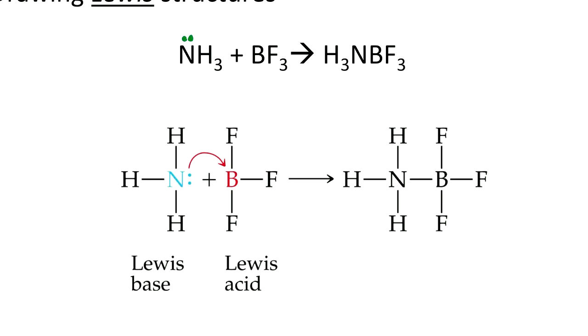But Lewis acid-base theory is so generic, we can extend it past just our typical acids like HCl, HF and stuff. So if we think about what's happening in this reaction, the lone pair on nitrogen is donating its electrons to the boron in BF3, creating this new bond.